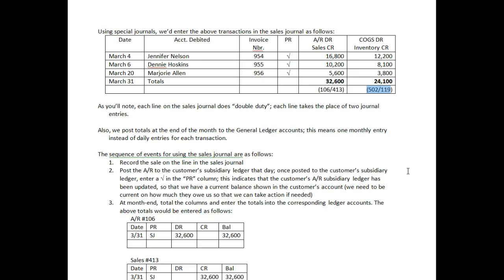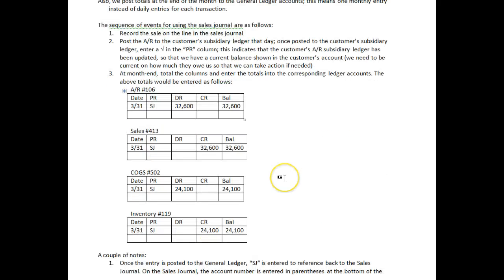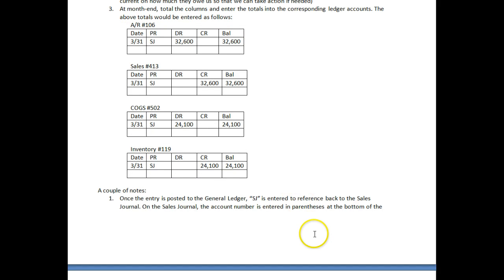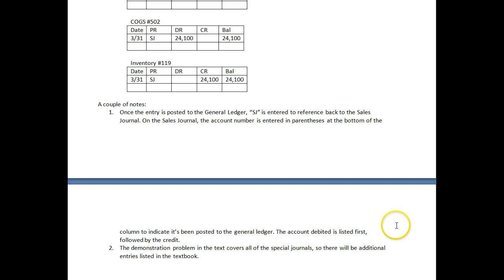So say someone calls you on the phone and you get interrupted, you know where you've left off. If you're doing your work at month end and you don't see these numbers here yet, it's like, oh, I still need to post these to my ledger. Okay? But this is what your ledger accounts would look like after you post from the special journal. And then we start over again with the next month and post new transactions.